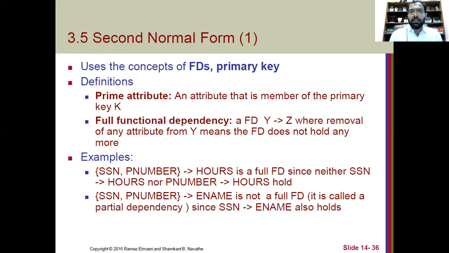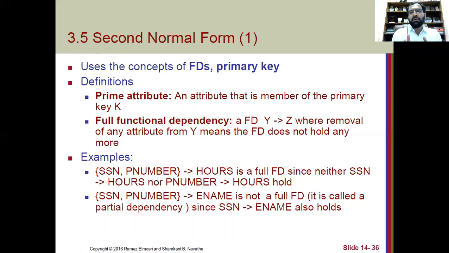All the non-key attributes must be fully functionally dependent on the primary key and not the part of the key. So normally the second normal form is applied wherever we have a composite key. Remember, when we have the composite key, it means our key attribute is composed of two or more attributes.